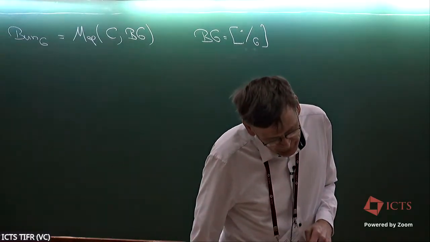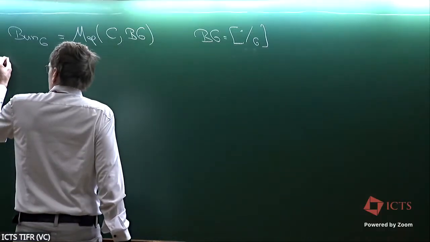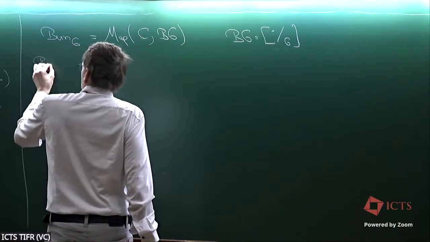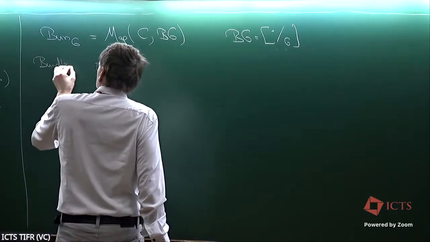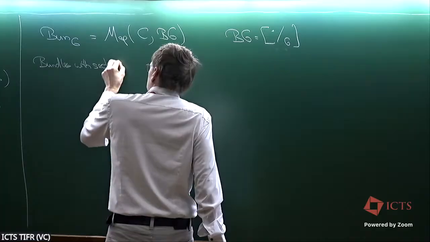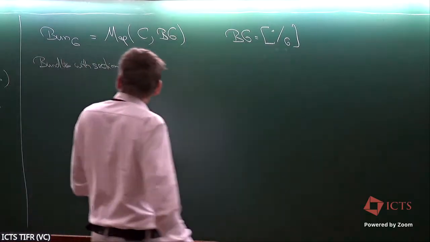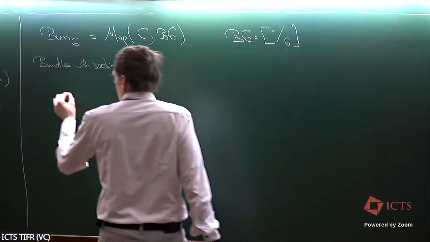So maybe the next thing to look at is bundles with sections. Higgs bundles are G-bundles together with a section in an associated bundle. So let's first try to do this.